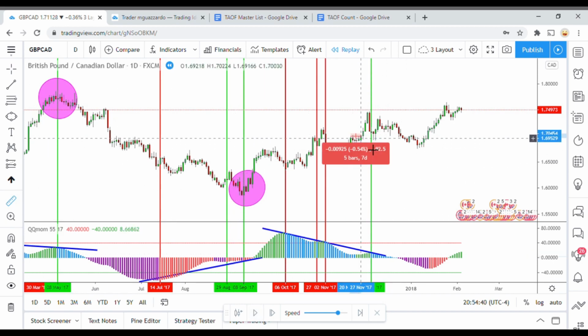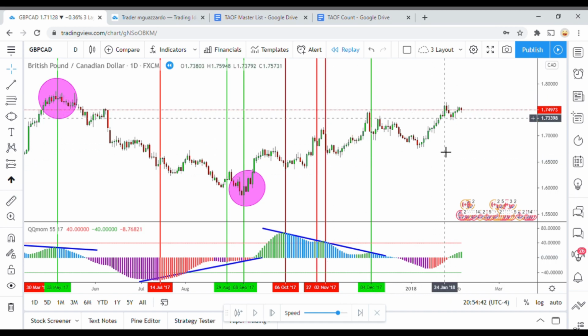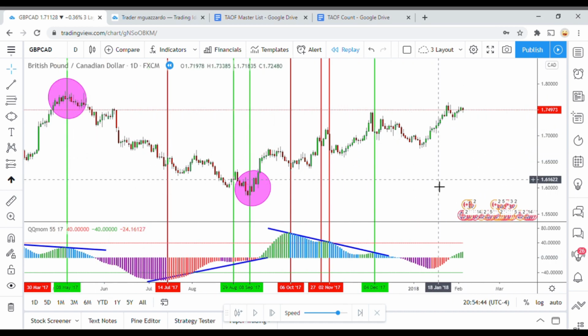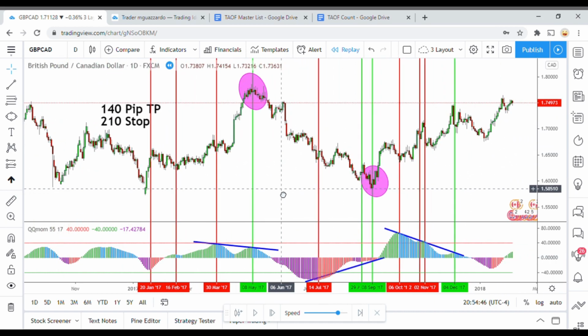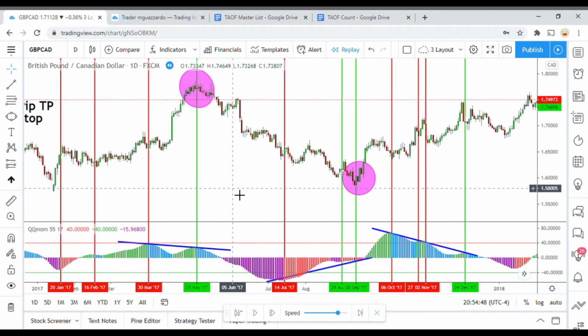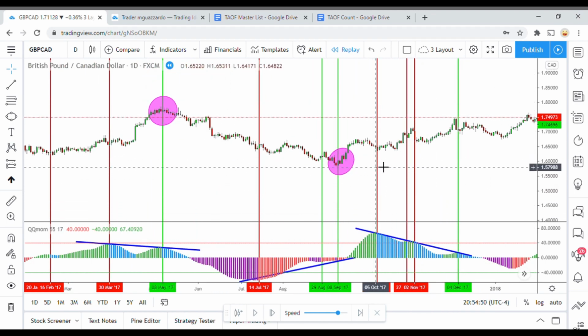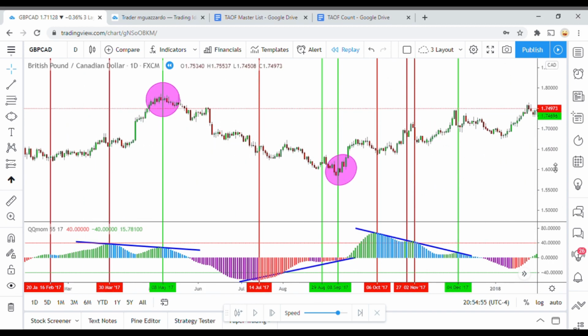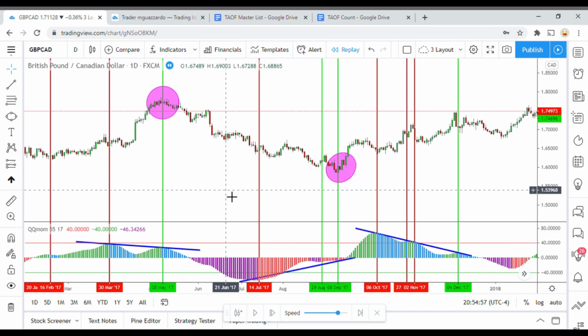But that wouldn't have been a horrible move. 260 pips if you'd got out right at the bottom. So yeah, unfortunately, a lot of these moves are just slightly mistimed and didn't quite work out right. And so, yeah, unfortunately, it's going to have to go on the no list for now.